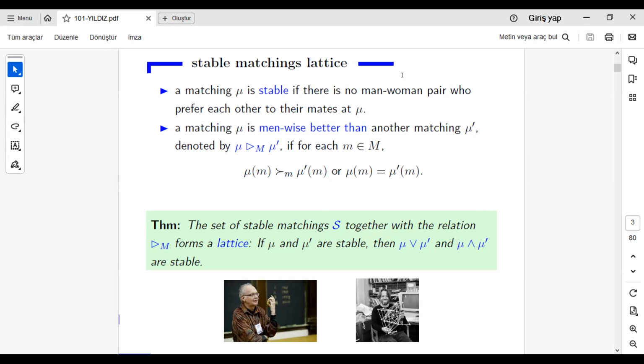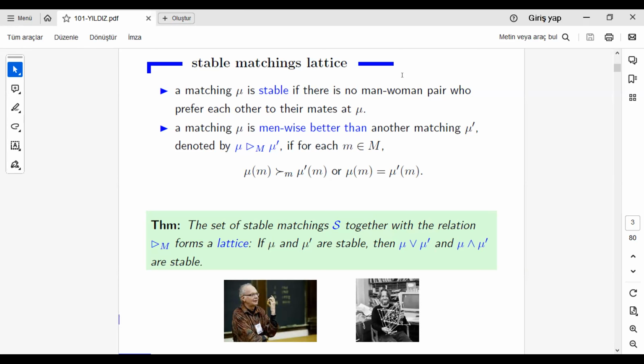Our starting point is to view the entire set of stable matchings. And typically, there exist many stable matchings. In fact, there is a very nice orderliness in this set.